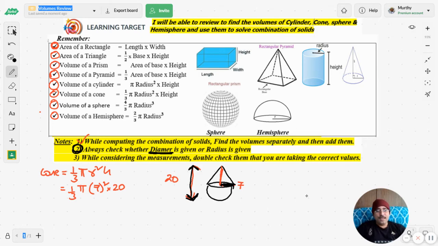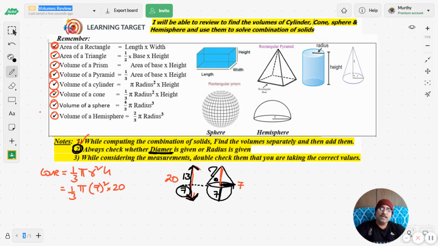So what is the remaining part? If the radius is 7 up to here, the remaining part is going to be 13 units. You have to subtract. So always check whether the given measurements are correct or not.